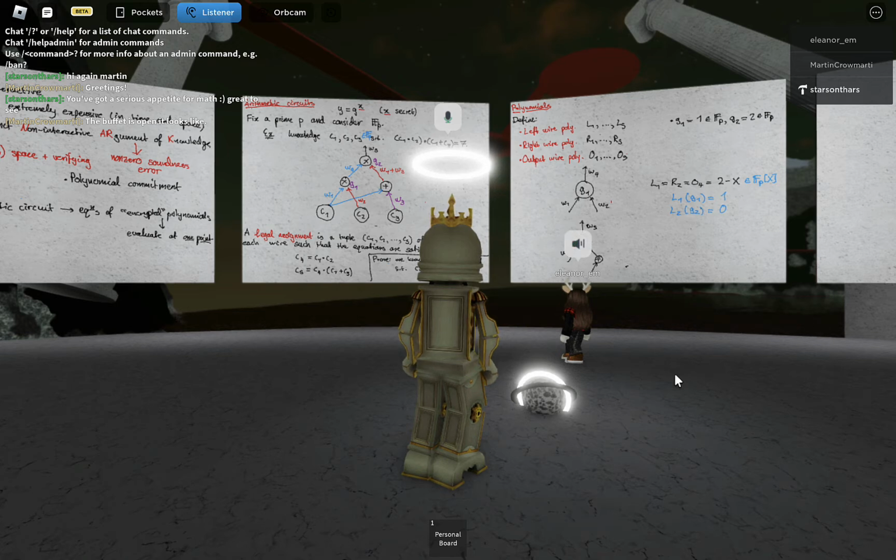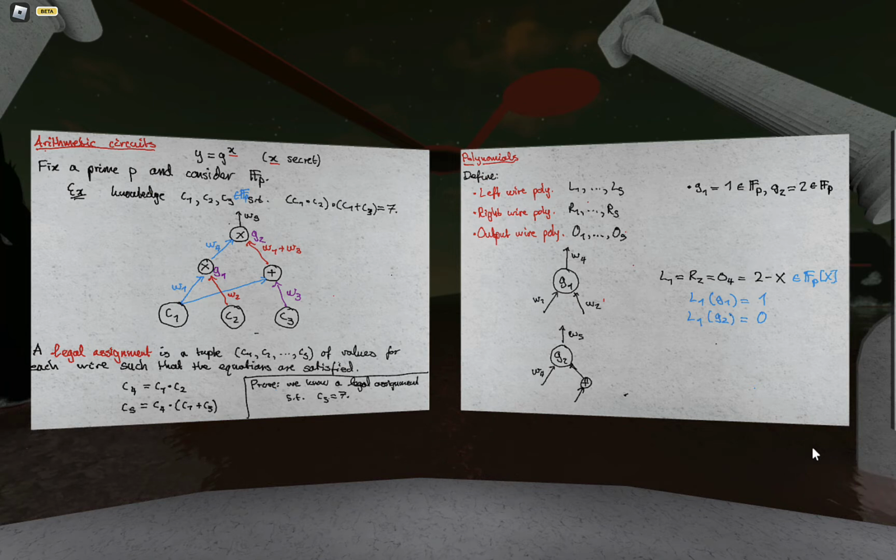L1 of G2, I did indeed. Okay. As right inputs, we have the wires W1 and W3 via an addition gate. So we're going to set L4 is 1 at G2 and 0 elsewhere. So is R1 and R3.